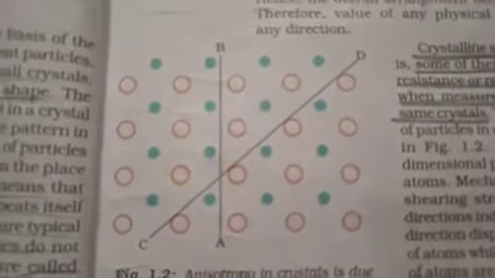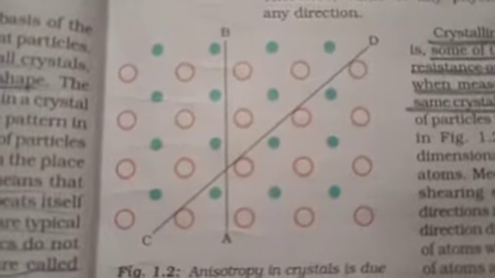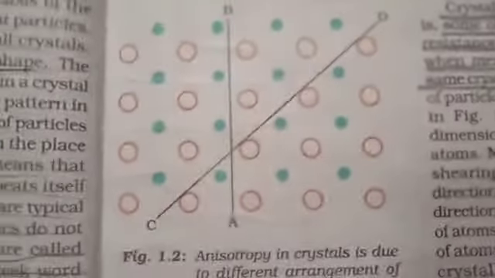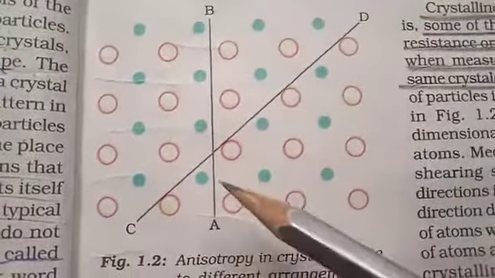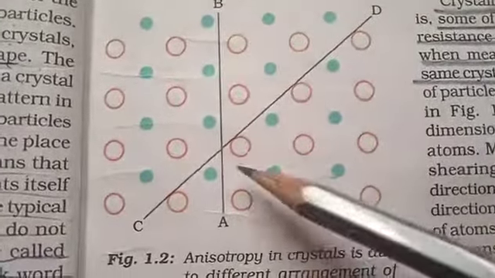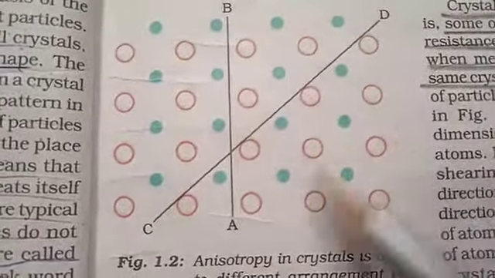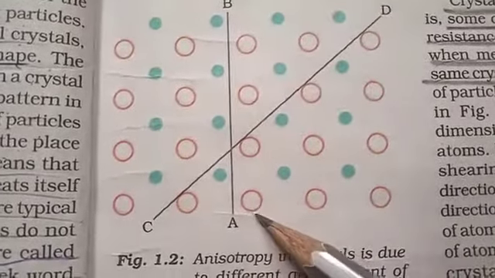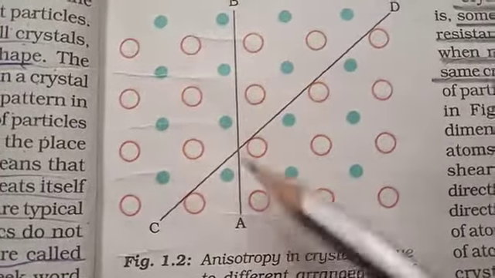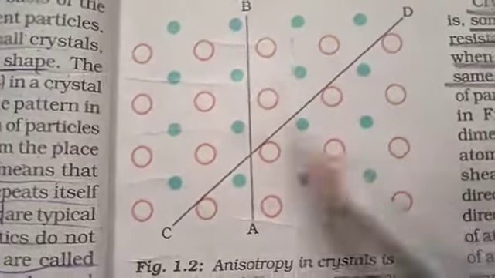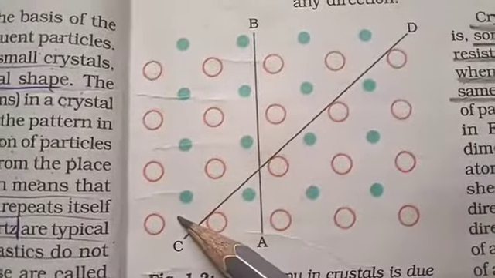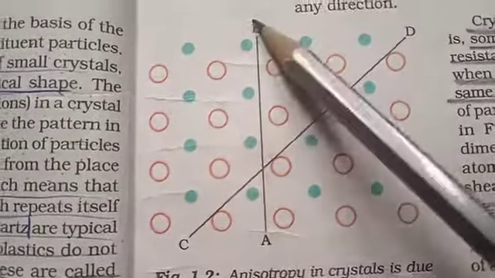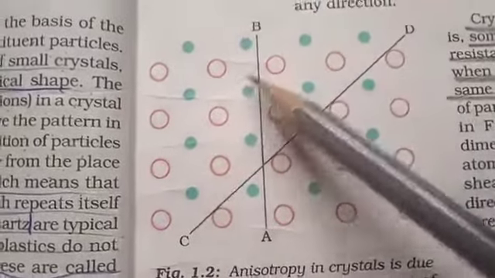As we have talked about anisotropic and isotropic, we are going to see it. Let us have a quick example. This is the example from the textbook itself, so it is easier for you to understand. If I move from A to B, I have fixed properties. From the right hand side you have red hollow circles from A to B, and from the left hand side you have blue balls.